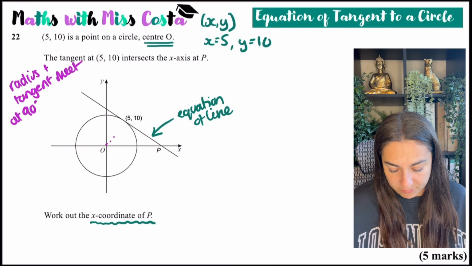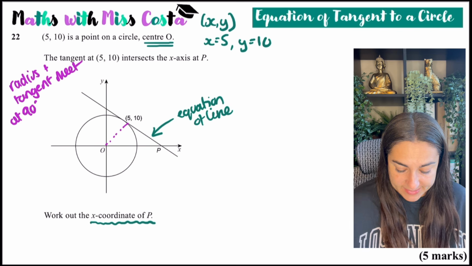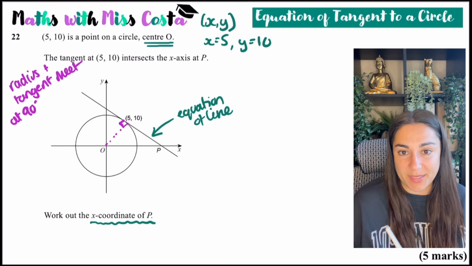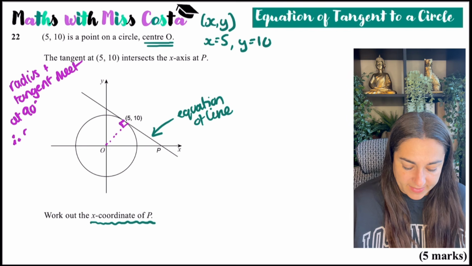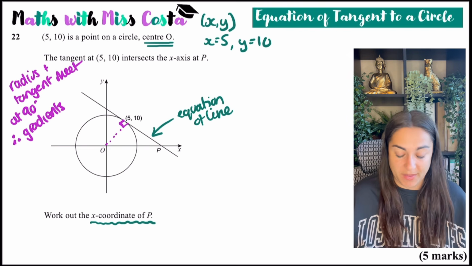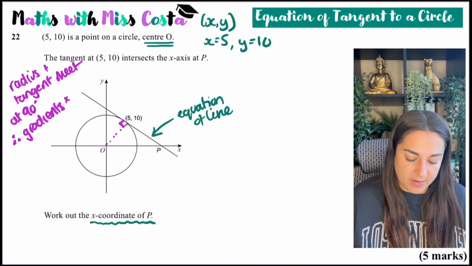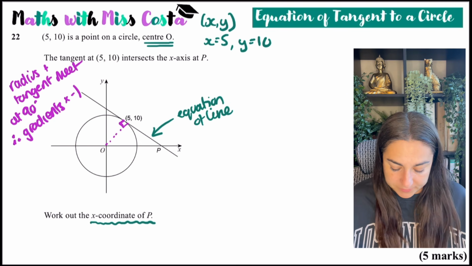That's just something that we need to know. So a radius and a tangent always meet at 90 degrees, which means they are perpendicular lines, which means their gradients are negative reciprocals of each other, so they multiply to make minus 1.